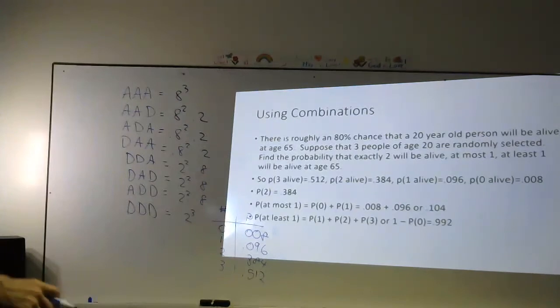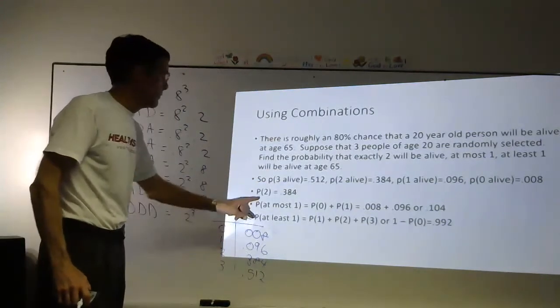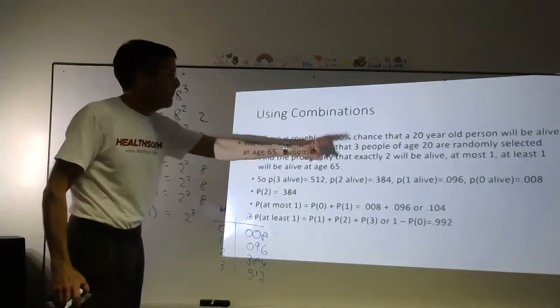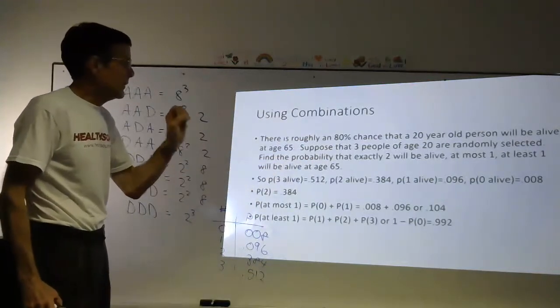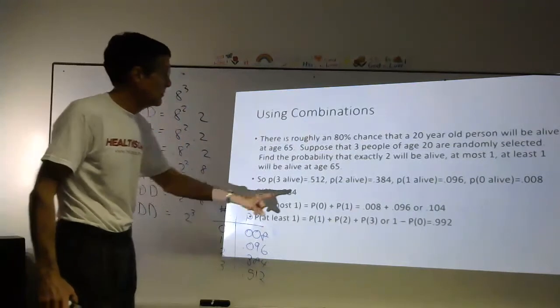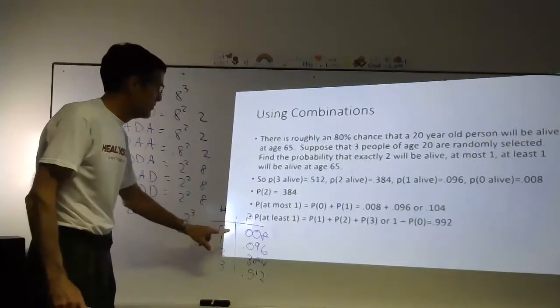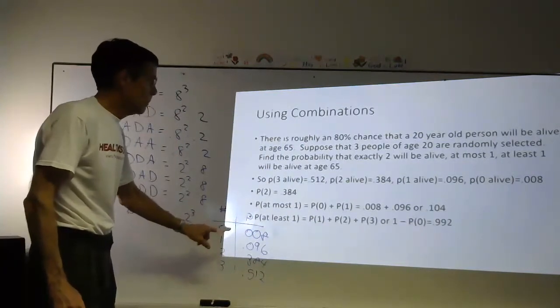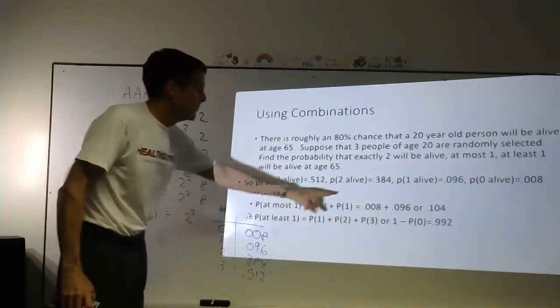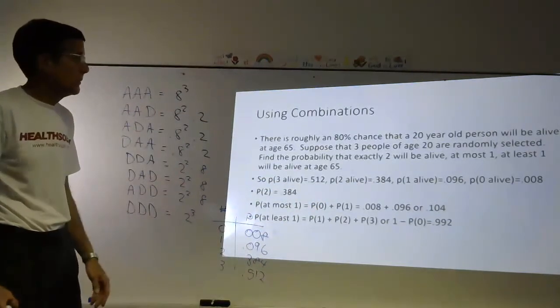So here I have the totals as I just wrote them down there. The probability of at most 1. If you have at most 1 person being alive, that means you either have 0 alive or 1. So you have to add up 0 alive or 1. Add those 2 up, 0.104, or about 10%. That's at most 1.